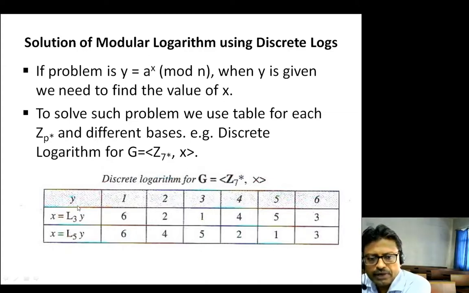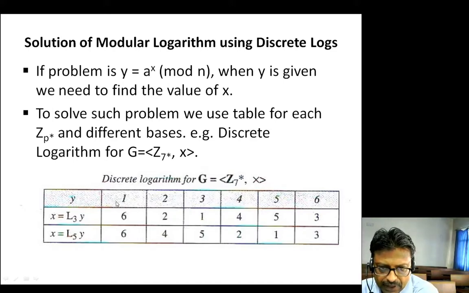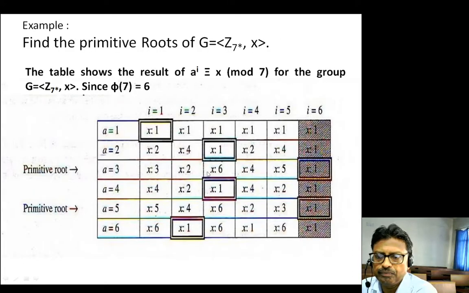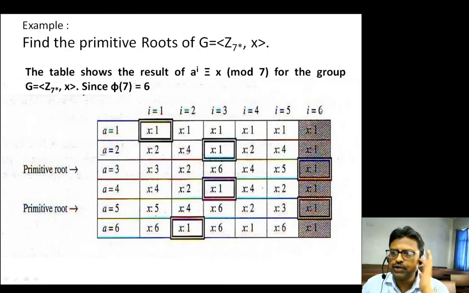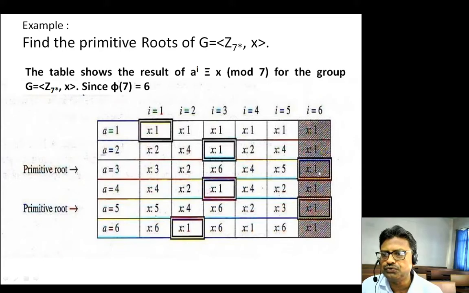Here, if y is 1, then x is 6. How has it been found? 3 to the power 6 gives you the value 1. It means if y is equal to 1, x will be equal to 6.